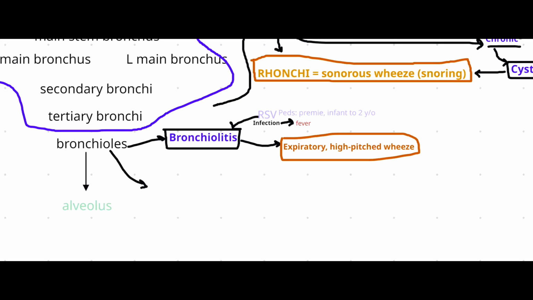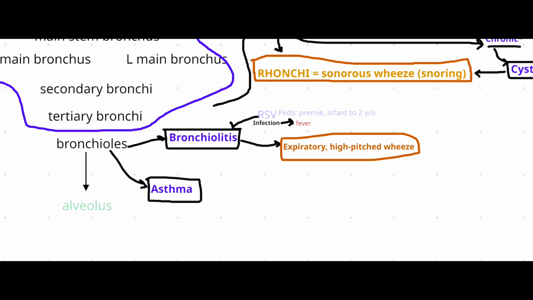What is it? Asthma. So is there fever in asthma? No, because it's not infectious, right? Is there cough in asthma? Yeah, absolutely, because there's an inflammation, so there's secretions in the airway, right?